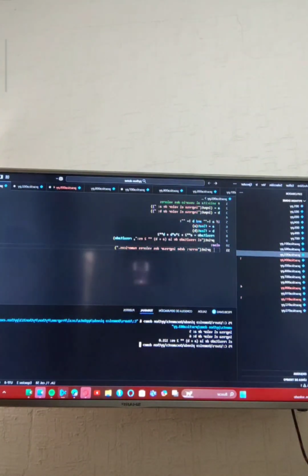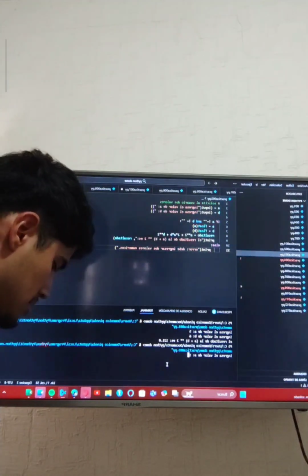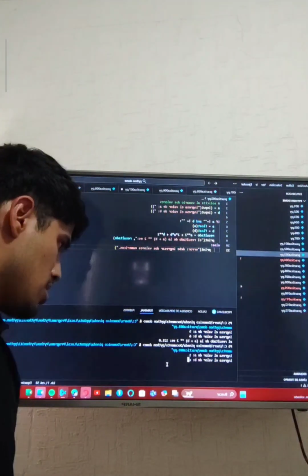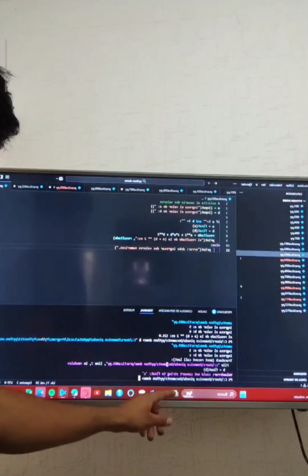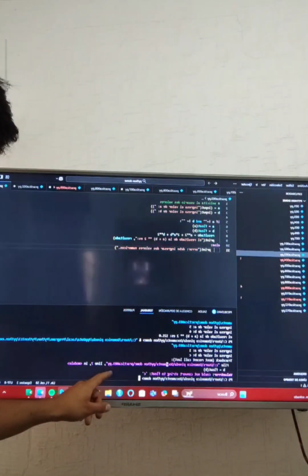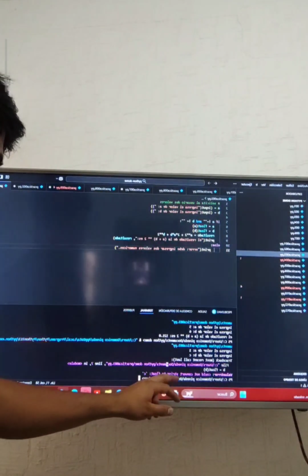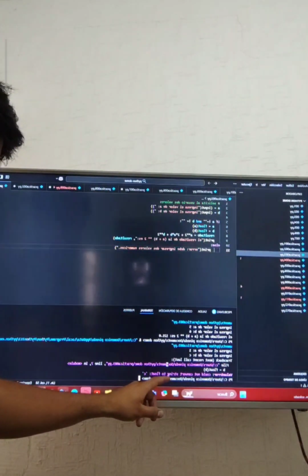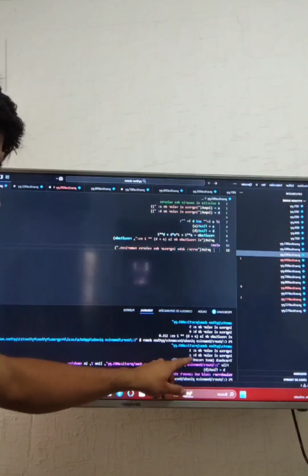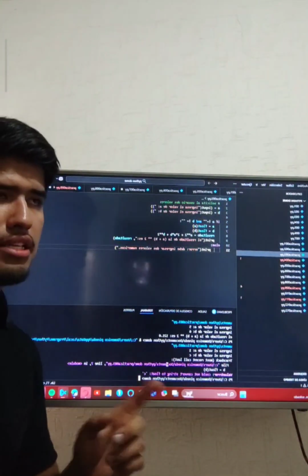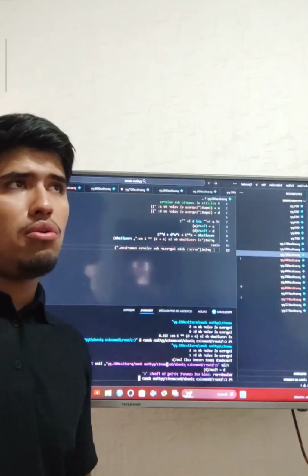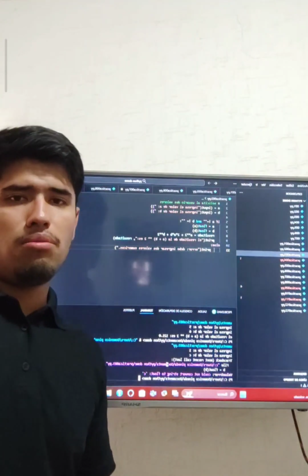For the other case, C, we raise the error because C is not a numeric value.